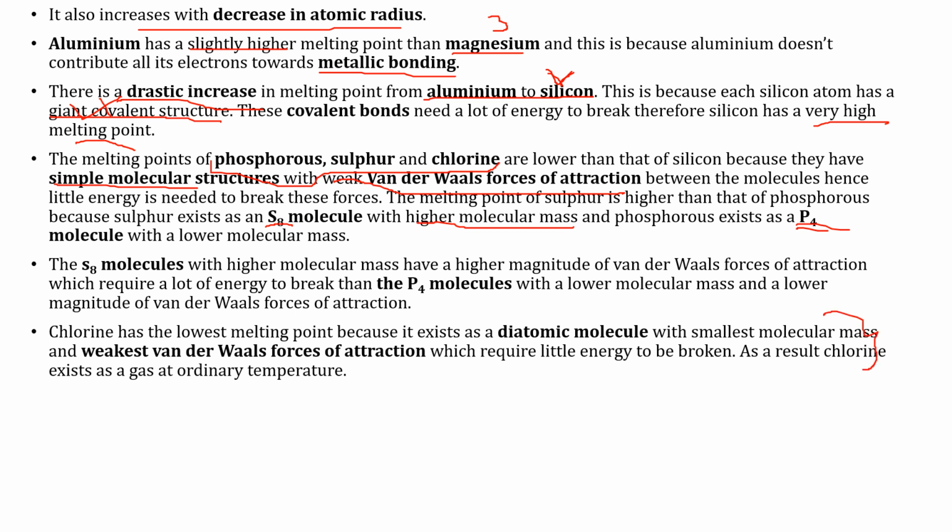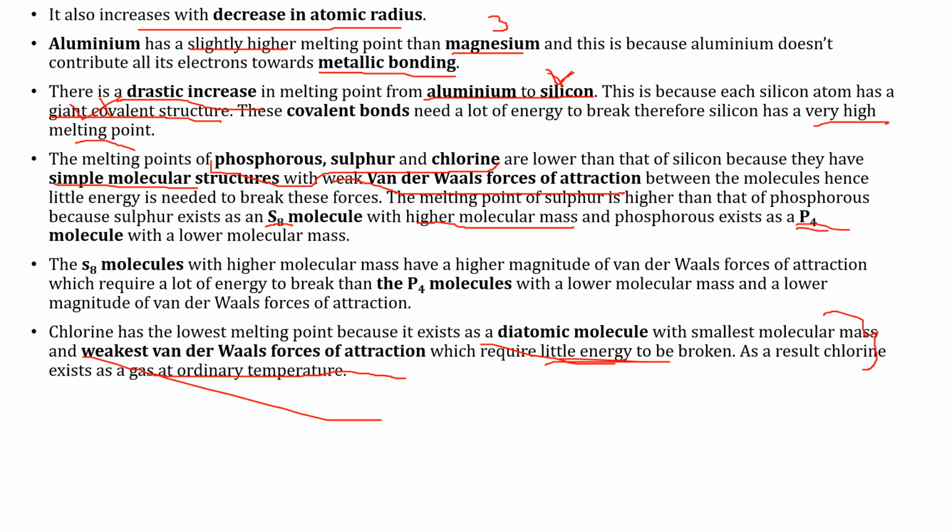Chlorine exists as a diatomic molecule. That means that it has the lowest molecular mass. And once it has the lowest molecular mass, it is going to have the weakest van der Waals forces of attraction. Hence, it is going to require a little amount of energy to be broken. As a result, chlorine will exist as a gas at ordinary temperature because the forces are very weak.